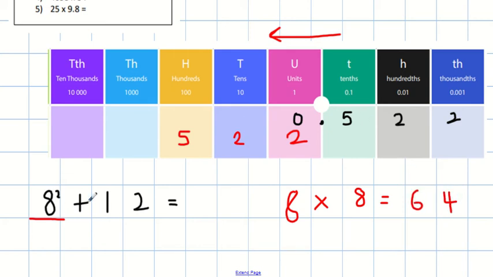The next part of the calculation is to add 12. Lots of us can do that mentally. 64 add 10 is 74. Add 2, 76. Hopefully you've got 76 as your answer for question 2. If you haven't, pause the video now, review your learning and do any corrections that you need to.